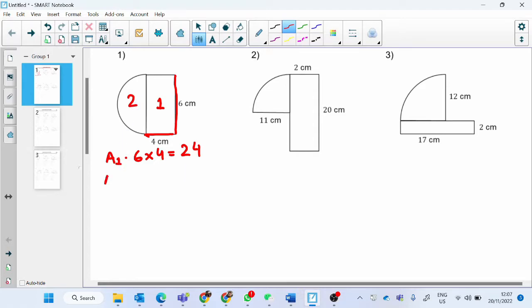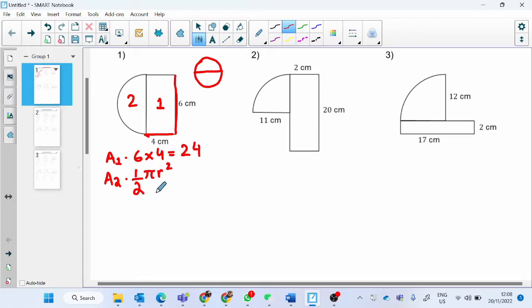Now we have to find the area of the second shape, A2. We know the formula for the area of a full circle is pi r squared. Since this is half a circle, we have to multiply it by 1 over 2.